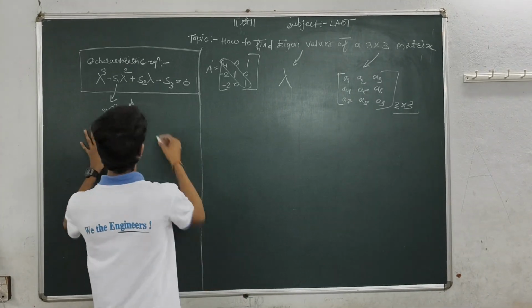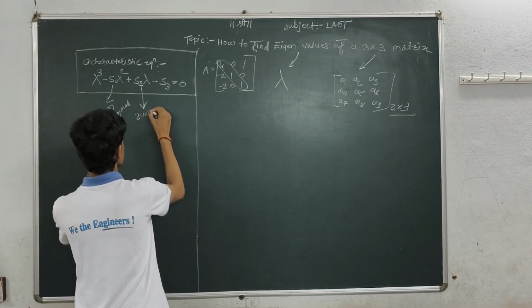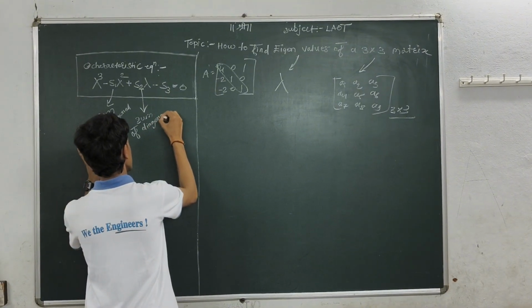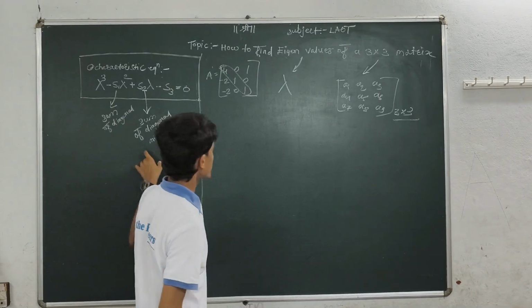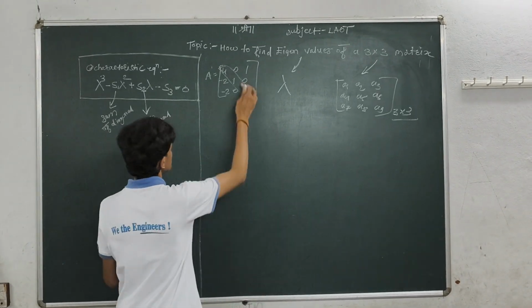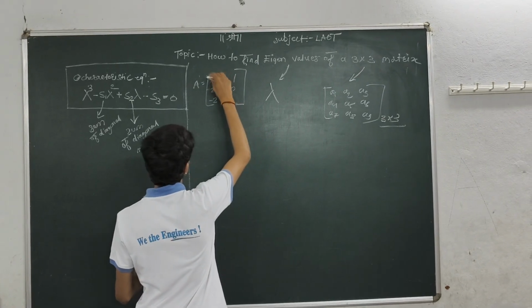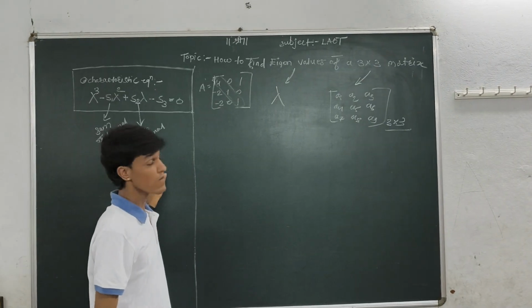Then what is S2? S2 is the sum of the diagonal minors. So what are the diagonal minors?